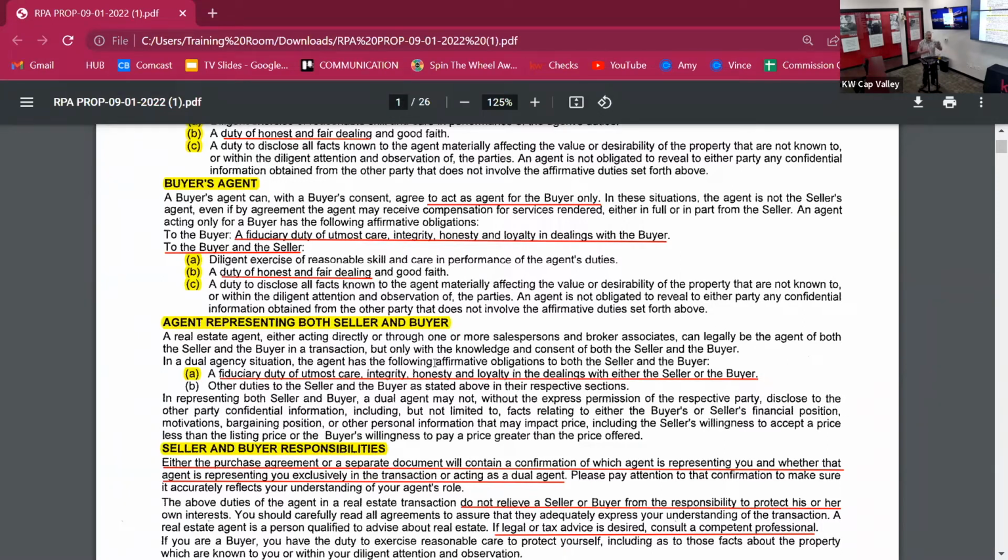They're representing the seller. And then, we use our office here for an example. We have somewhere in the range of 260, 270 salespeople and associate brokers that are under the license of Keller Williams SAC Metro.